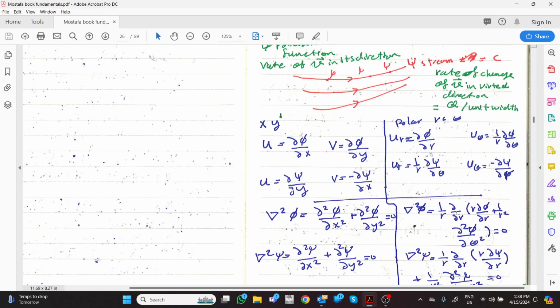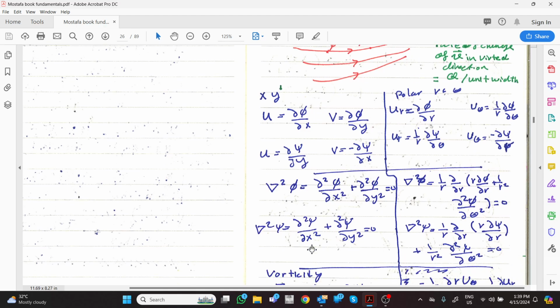There is another piece we need to understand: the rate of change plus the other rate of change is equal to 0, which means the gradient of phi equals 0, which means the second partial derivatives, del square phi by del x square plus del square phi by del y square, equal 0.